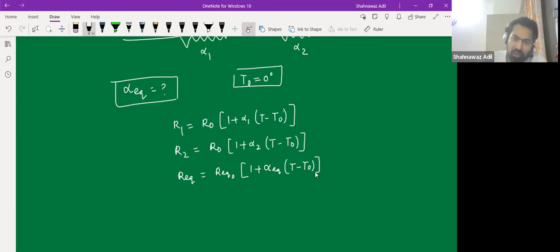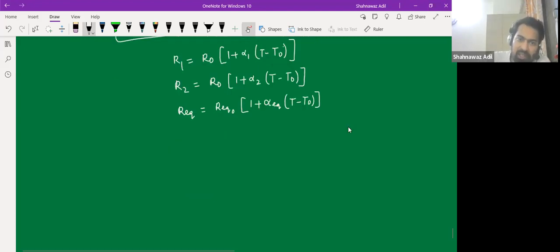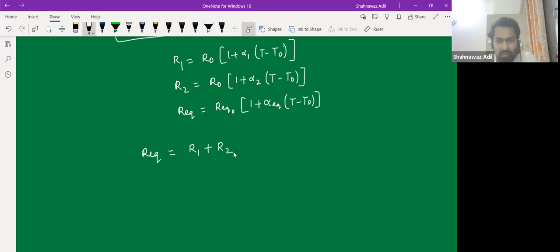Yes. So now I have connected them in series. In a series, R equivalent would be R1 plus R2, right, guys? Yes. So let us put all these values.